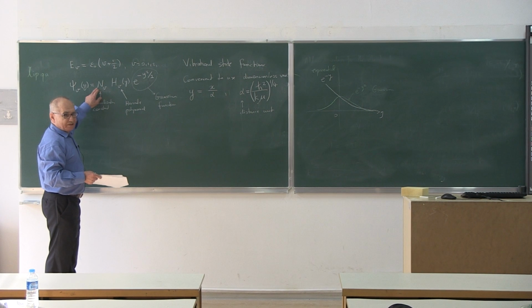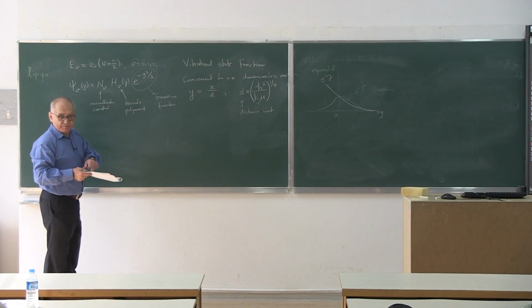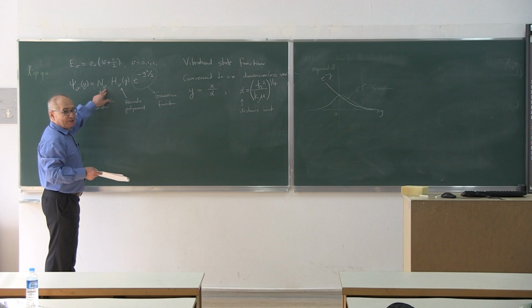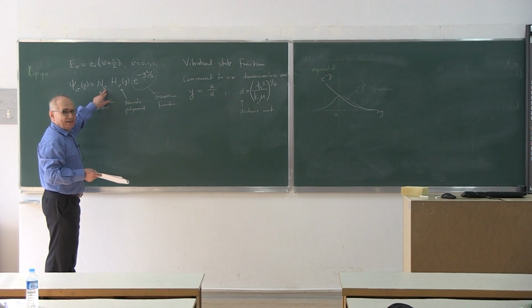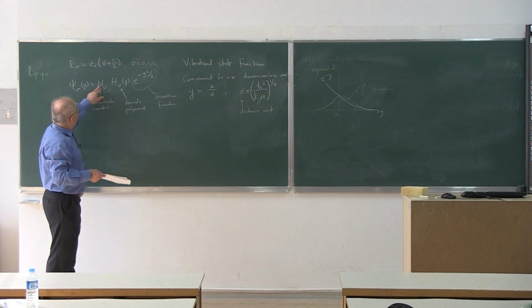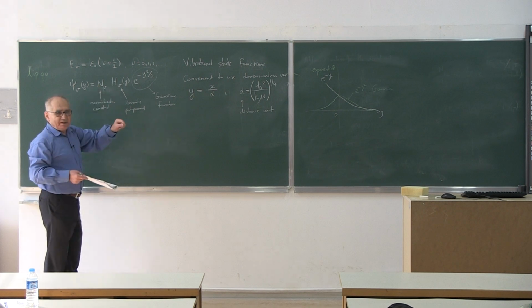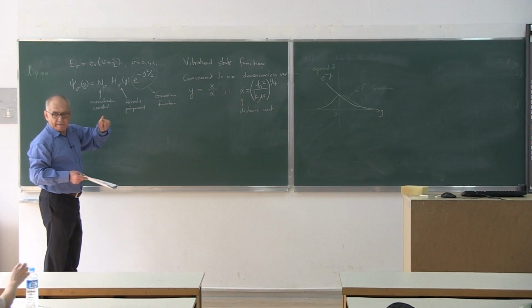Values for the normalization constant are given in the notes. The V subscript here is indicating that the value for the normalization constant is different for different V. Okay?